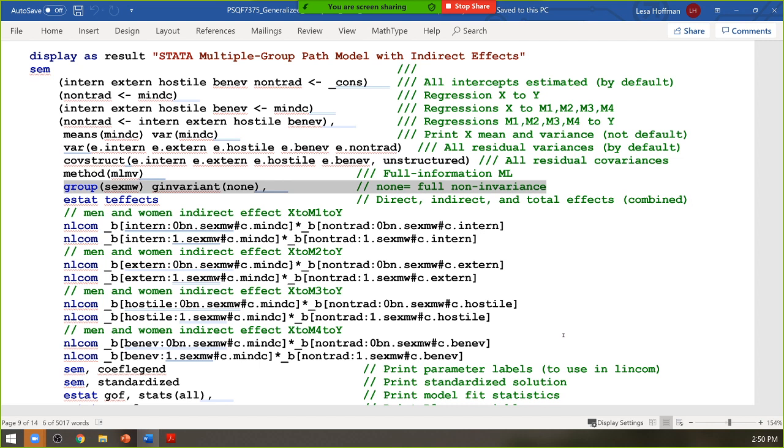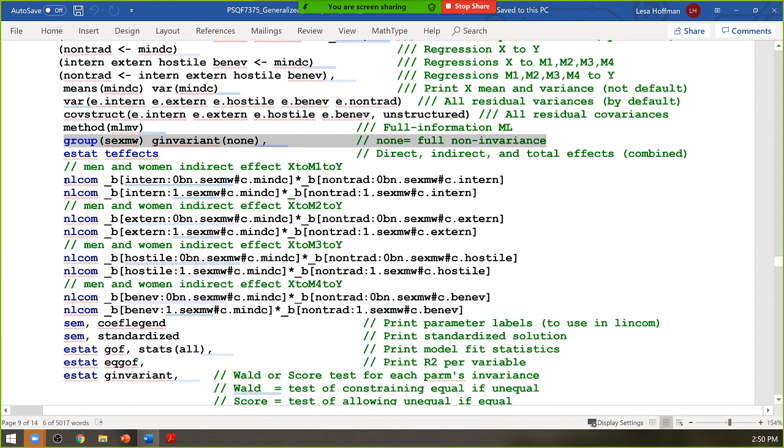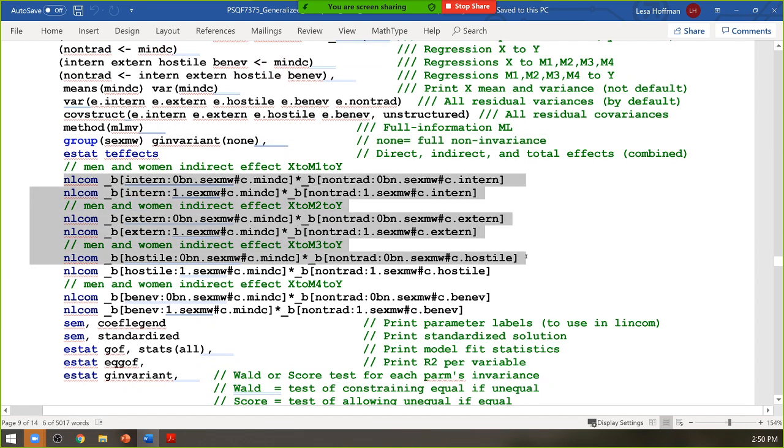So ginvariant none means estimate everything different. So it's one line of code that does the same thing that Mplus does. And then I have gender specific nlcoms to get the indirect effects.